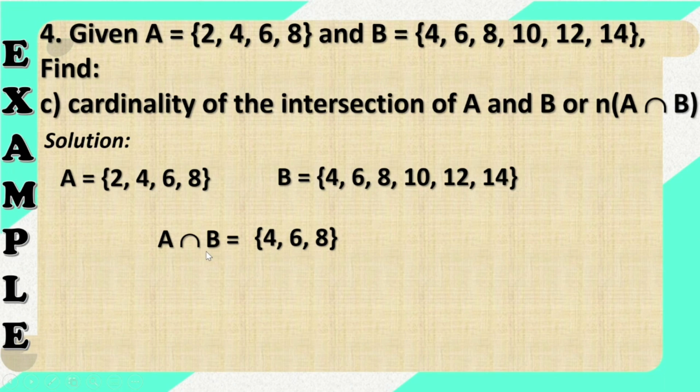Okay. And then, hanapin na natin yung cardinality ng intersection of event A and event B. So, the cardinality of the intersection of A and B is 3 kasi 1, 2, and 3.